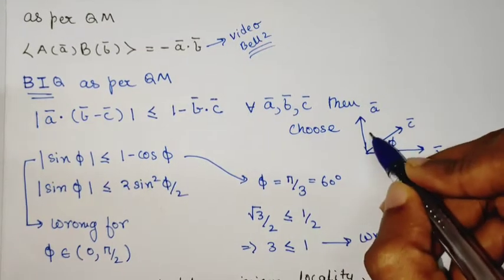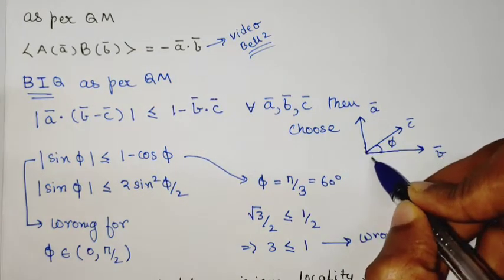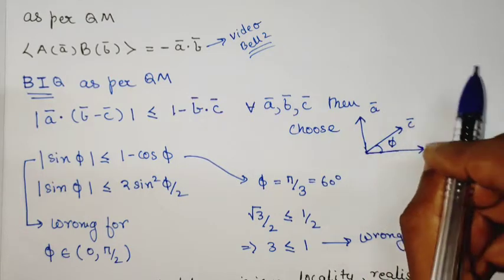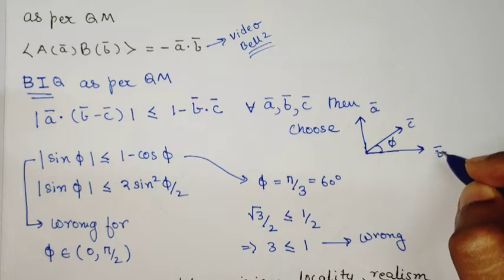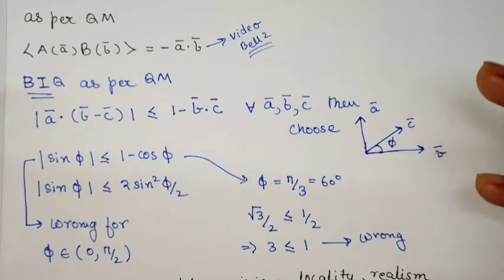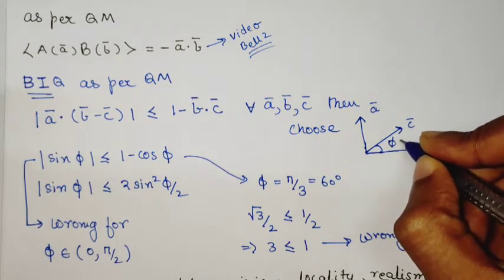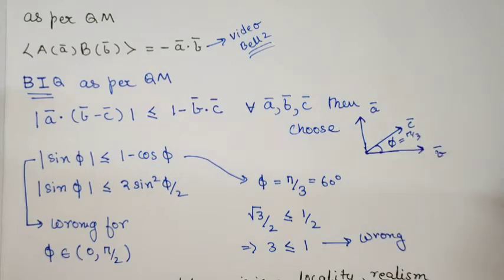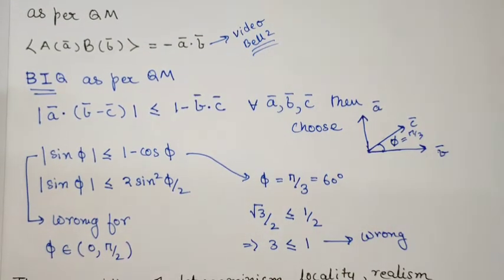So we take a particular axis where A and B are orthogonal and C lies in between them. So C is like a convex combination of A and B. And for concreteness, we can take C to be pi by 3 or 60 degrees, and we can simply do the calculation. We see that it doesn't hold.